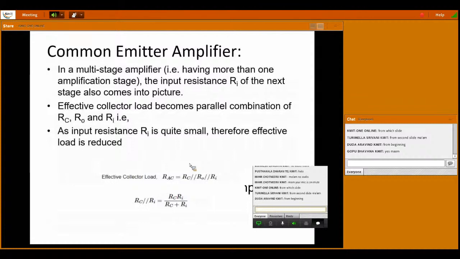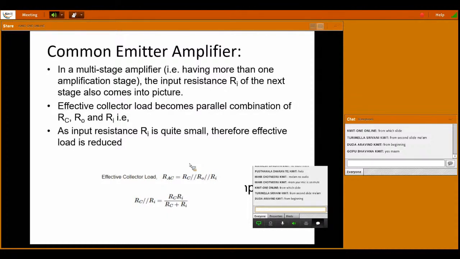So in a multi-stage amplifier, we have to cascade more stages of the same type, like CE stages, and connect them. The effective load is calculated by taking the parallel combination of RC, R naught and RI, where RI is the input resistance of the second stage of the amplifier.